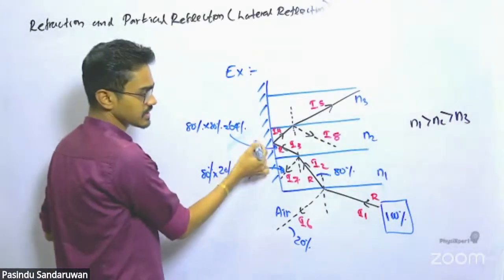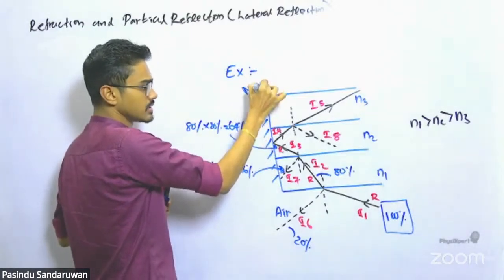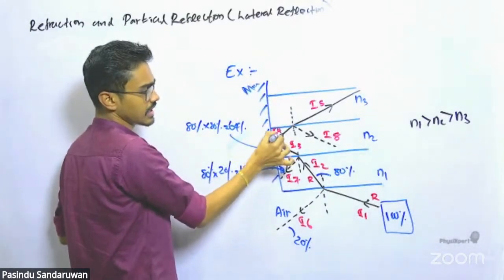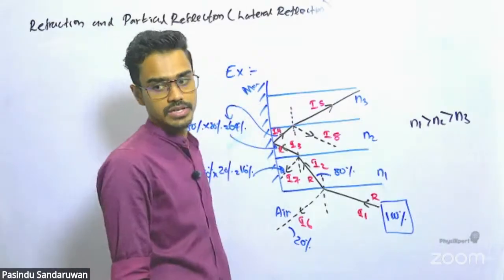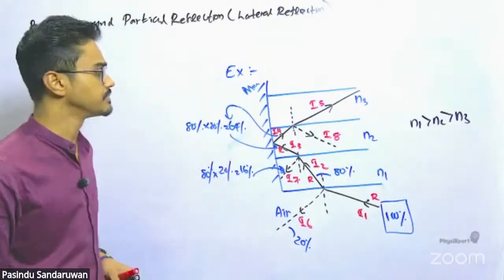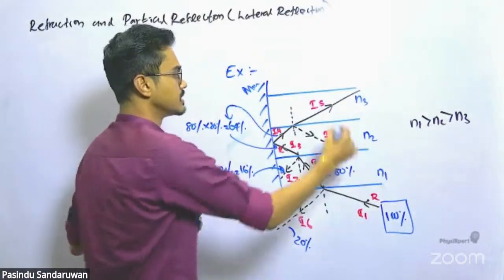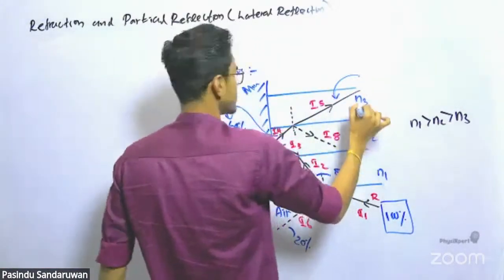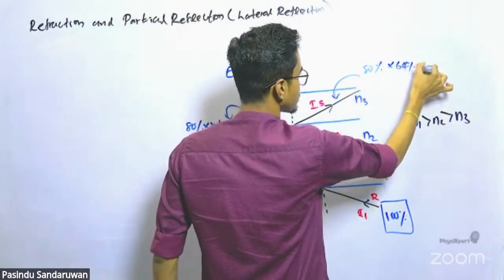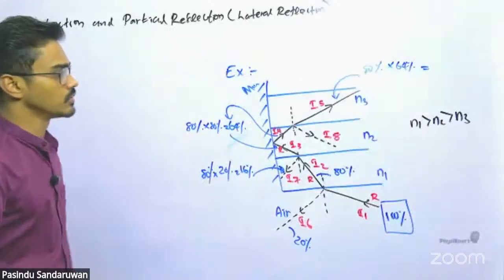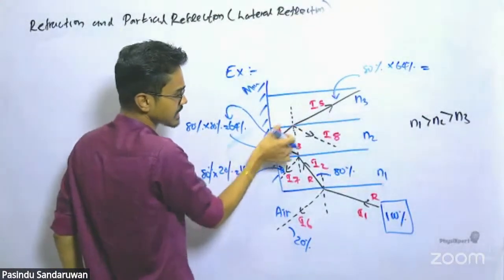And this is a reflection. Due to the mirror, this is a reflection. Then I3 and I4 are the same, because there is a reflection, not a refraction. And from I4, this is again a refraction. Then this is 80% of 64%, because what is incident here is 64% only.